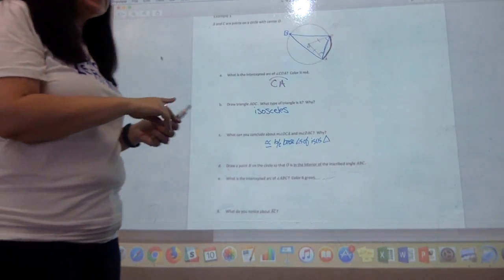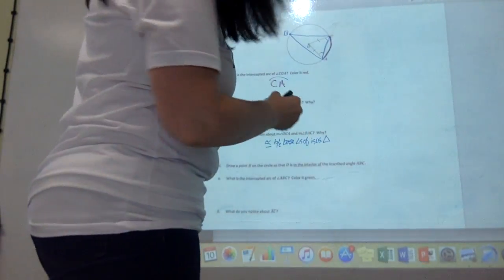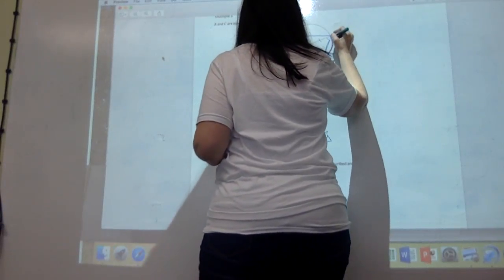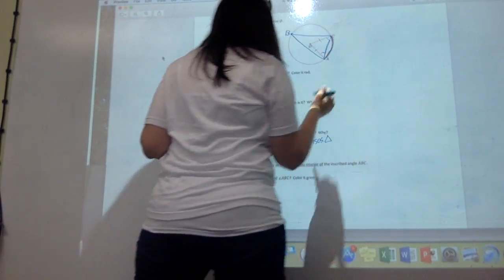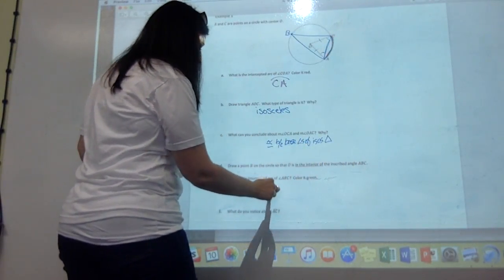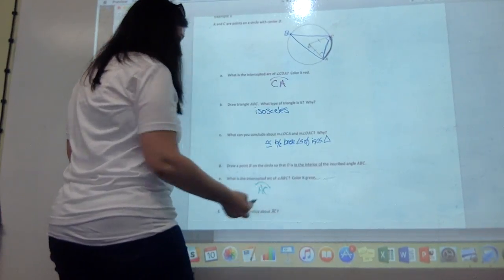And we can notice that the inscribed angle also intercepts the same arc, right?